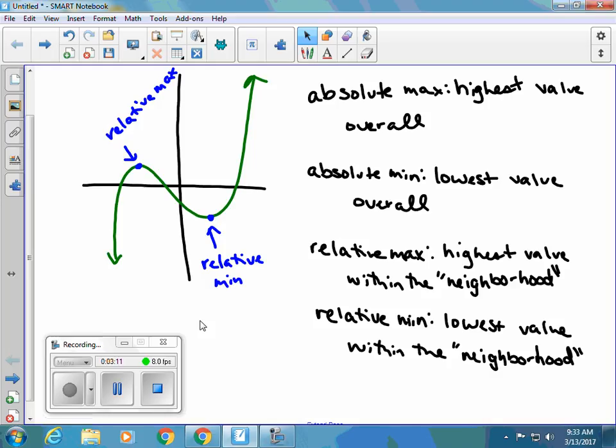Okay, so we don't have any absolute max or an absolute min. We do have a relative max and a relative min though, based on this picture. If we have absolute max and min, these are what we call our extreme values or extrema. And then the relative ones are your relative extrema.